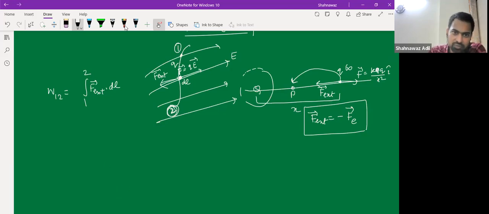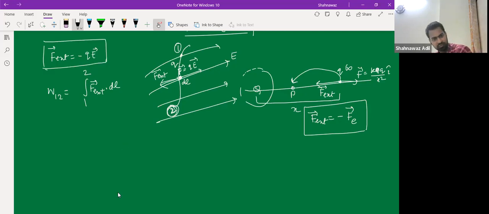So F external is how much? We are working in the presence of an electric field. We know that F is QE, so F external would be minus of Q E, this should be a vector.